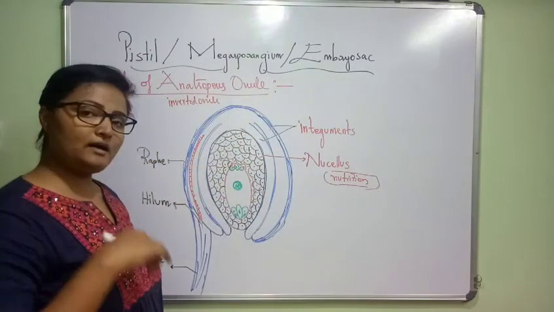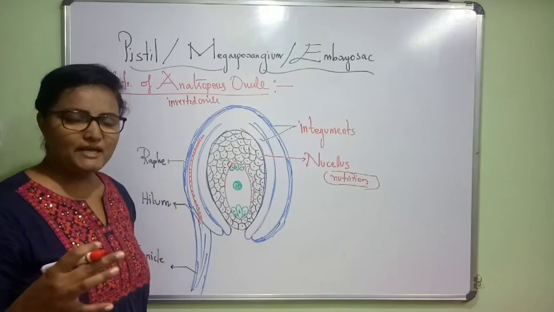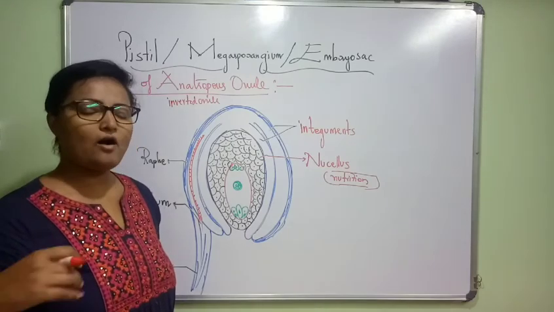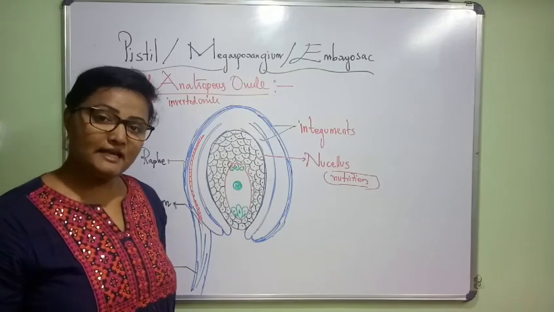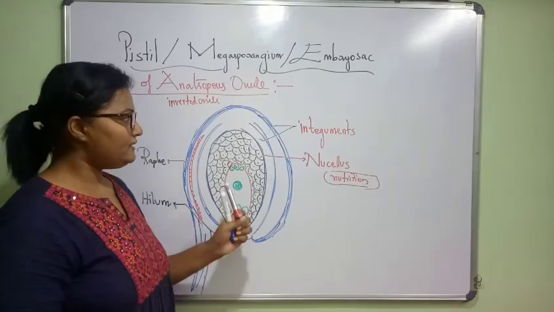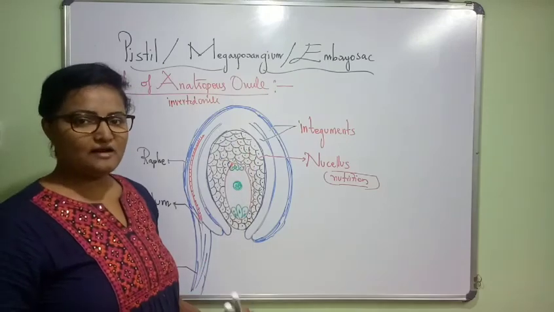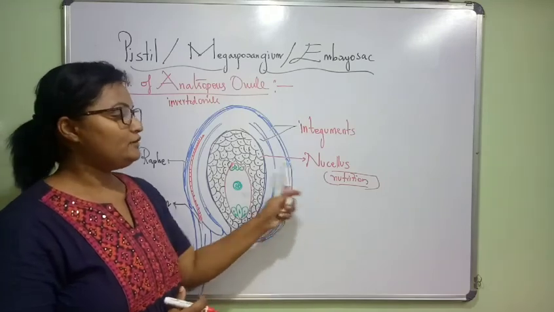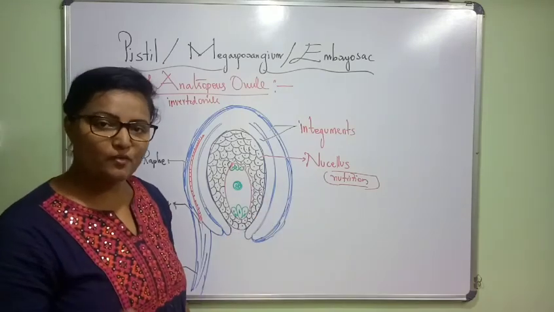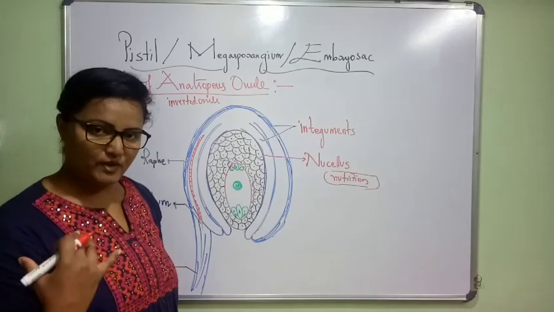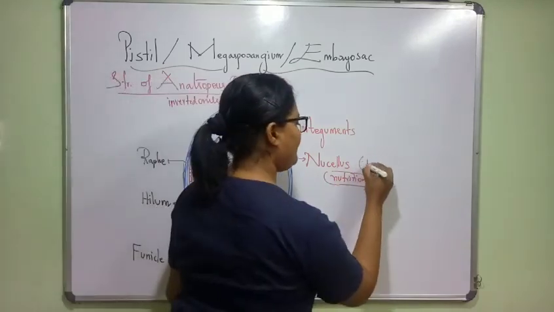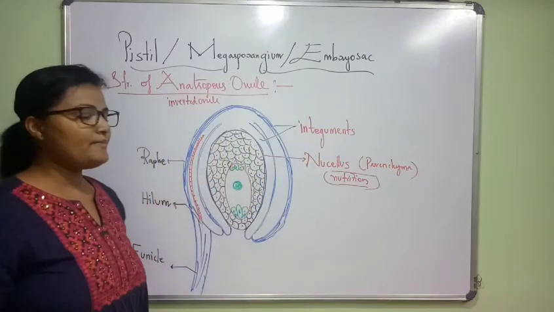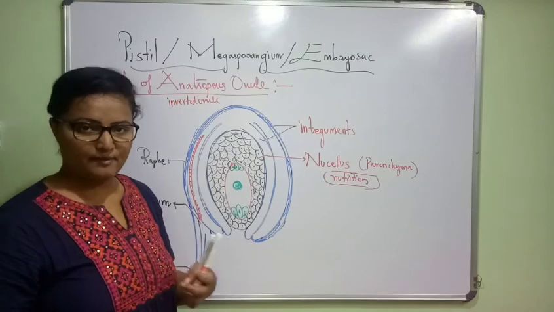As in the anther, in the male reproductive part, the tapetum is a layer which gives nourishment, in the same way, in the female reproductive part of a flower, in the ovule, the nucellus plays an important role in providing nutrition for the developing embryo. They are made up of parenchyma cells, hence we call it parenchymatous.